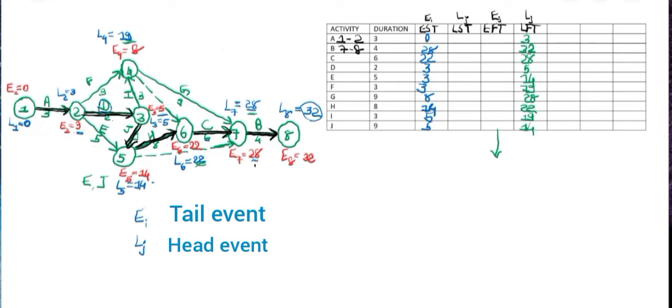Then we'll find our EJ, earliest finish time. So our EJ will be simply EI plus TIJ, that is EI we have already found and TIJ is our duration. So we'll just add these two values, that is 0 plus 3, then 28 plus 4, then 22 plus 6, which is 28.